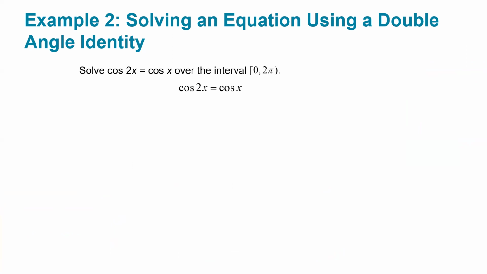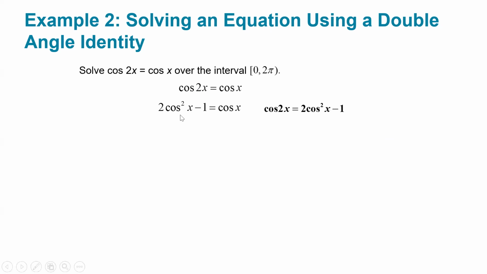We want to use the one that makes the most sense for our problem, which is the one that only uses cosine and allows us to turn this into a quadratic situation. So the identity we're going to use is cosine of 2x equals 2 cosine squared x minus 1, which is what we use most often in chapter 5 anyway.